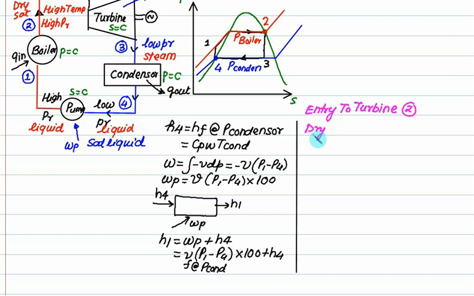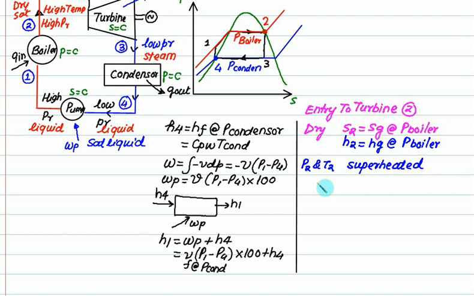If it is dry, then S2 equals Sg at boiler pressure, and H2 equals Hg at the same boiler pressure. And if you are given the pressure P2 and temperature T2, it means that the steam is superheated. If the steam is superheated, then if the standard data is available, you can use that value.